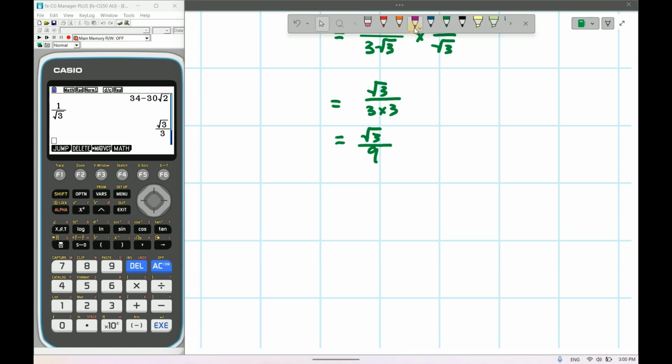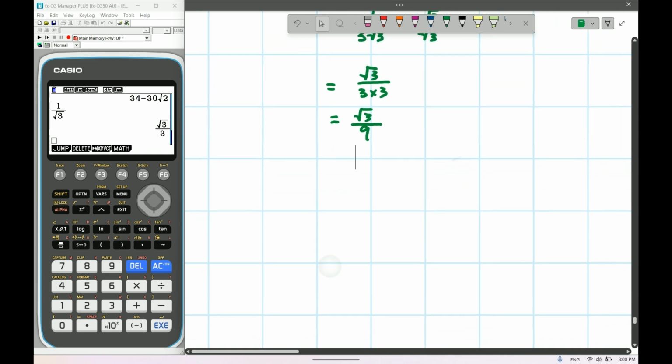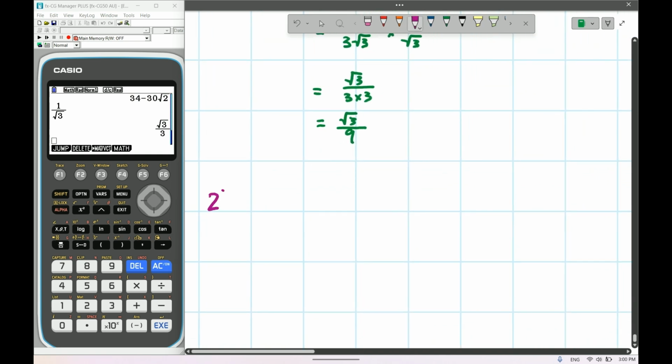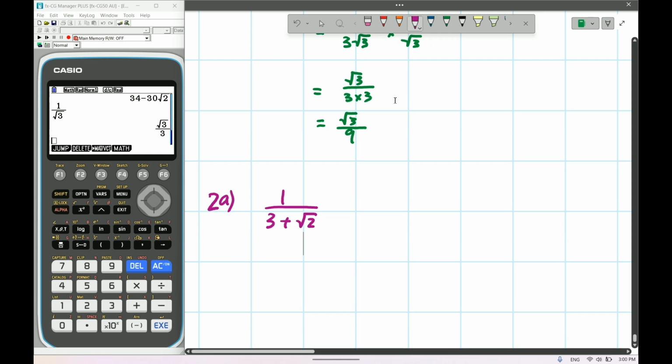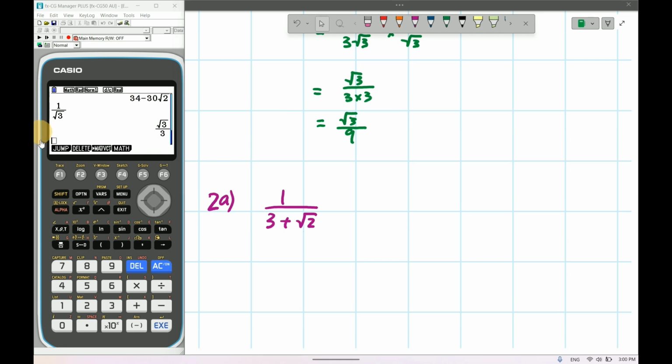Okay. All right. So the questions from question 2. 2A is 1 over 3 plus root 2. And the question just reads, write with an integer denominator. So my guess is, if we put 1 over 3 plus root 2 on our calculator, the calculator will rewrite it so that there's no square root number on the bottom.